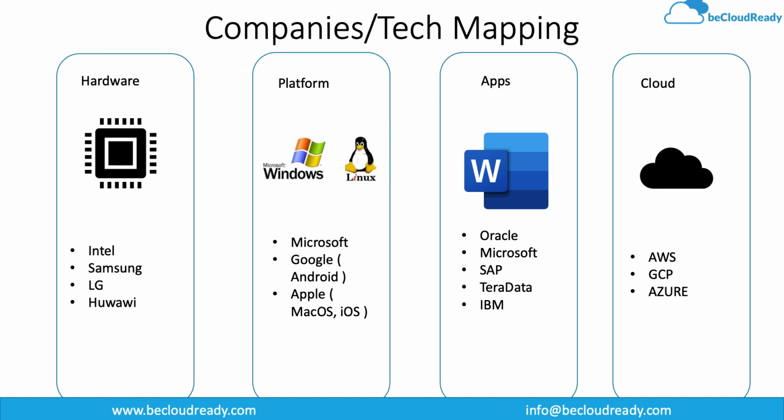So always keep in mind that these applications are all platform dependent. When you are installing Oracle, they build a different binary for Linux, a different binary for Windows, a different one for PowerPC. Similarly, all other applications. And in cloud, the major companies are AWS, Google, and Microsoft.